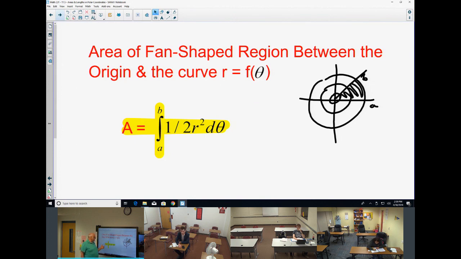The formula for the area of that wedge, that pizza slice, is the integral from A to B, where A and B are the angles, of 1/2 r squared d theta. So that's the formula for it, okay?